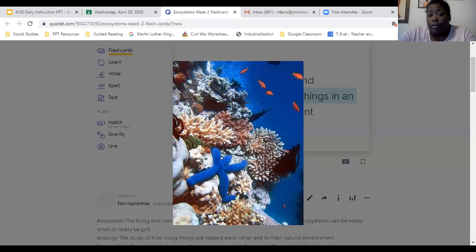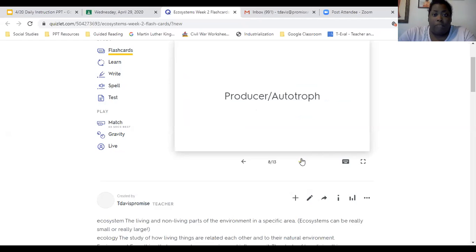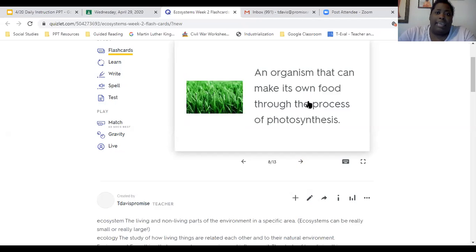So this water would be an abiotic factor. These corals and these reefs, starfish, fish, they would be biotic factors. Producer or an autotroph. So it's an organism that can make its own food through the process of photosynthesis. And remember, photosynthesis takes three things from the environment.